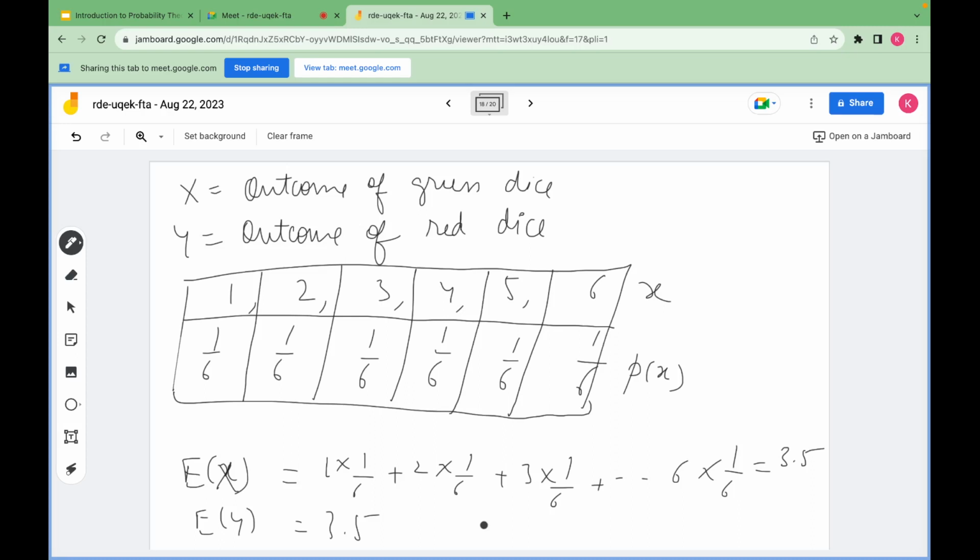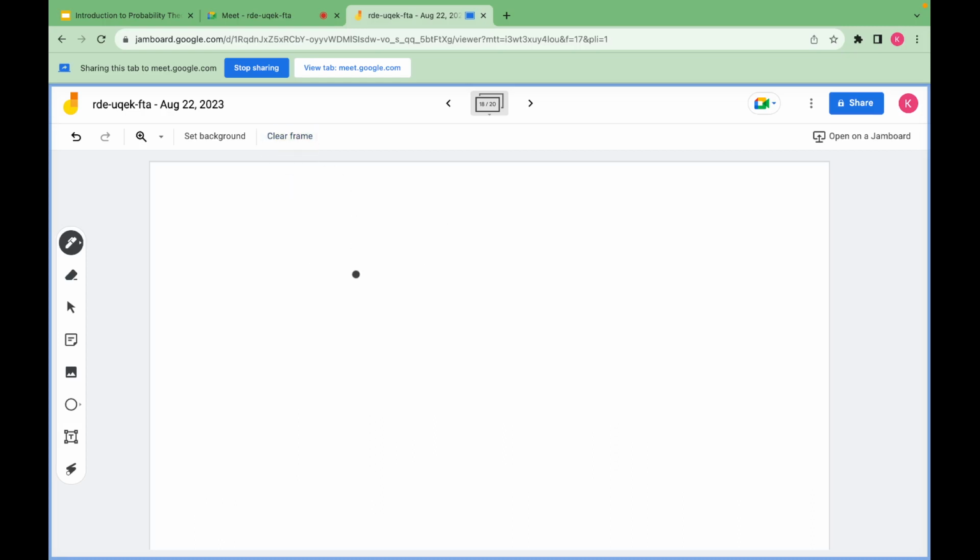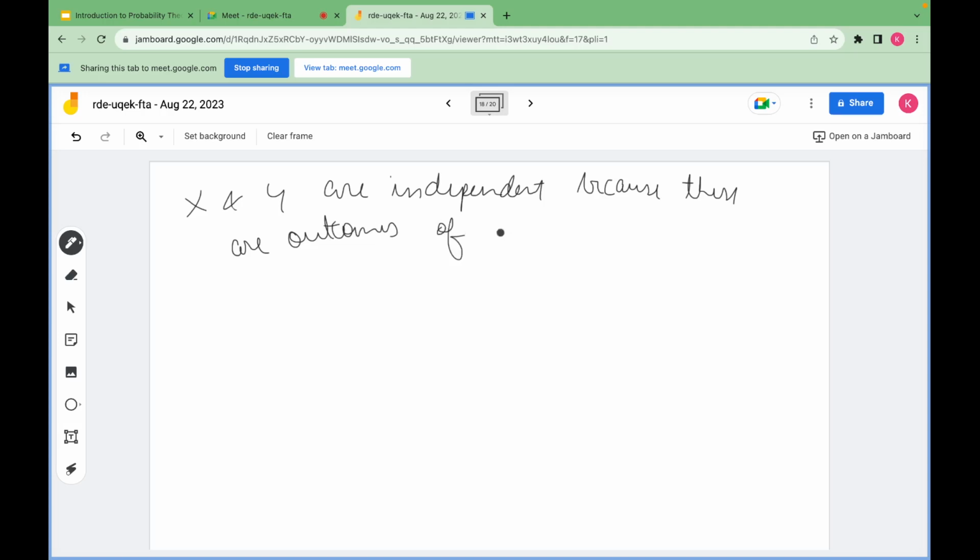Okay. Now x and y are independent random variables, independent because these are outcomes of two separate dice.